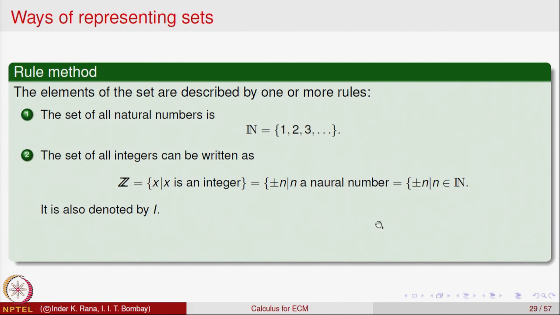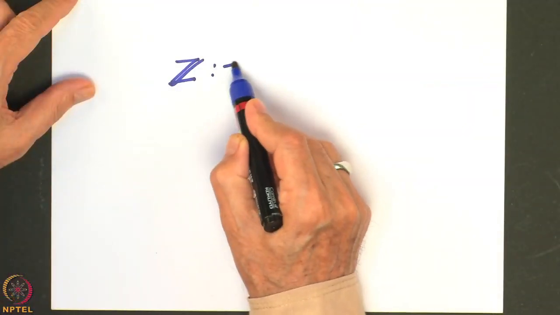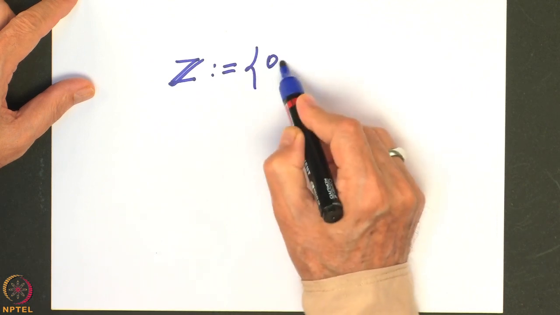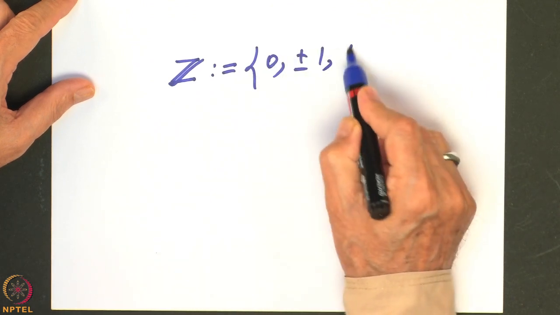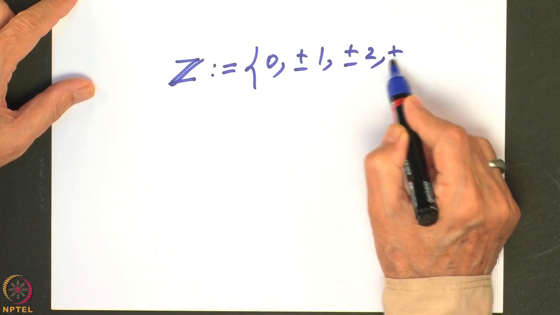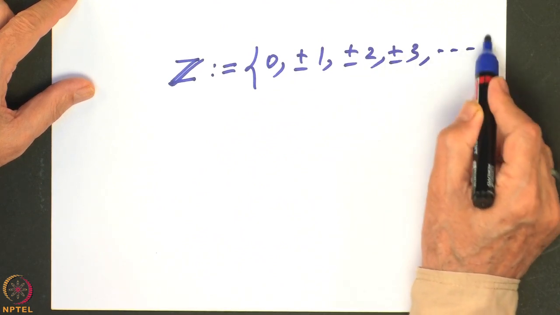So, let me show it to you writing on a piece of paper. What does integers mean? Integers, denoted by Z, is equal to 0, plus minus 1, plus minus 2, plus minus 3 and so on.